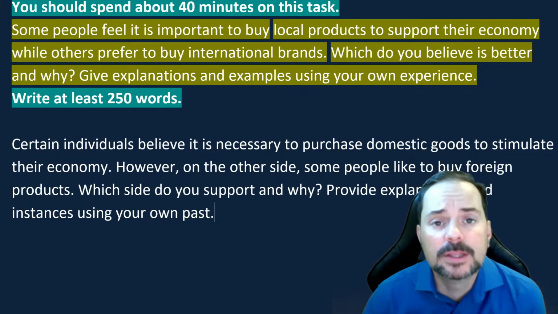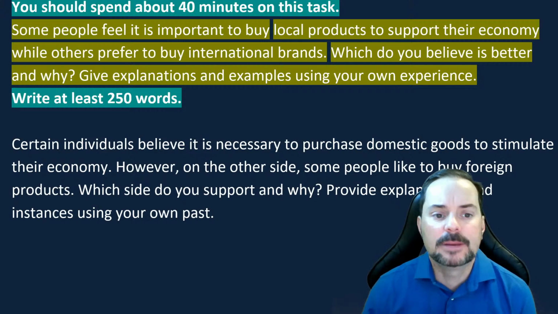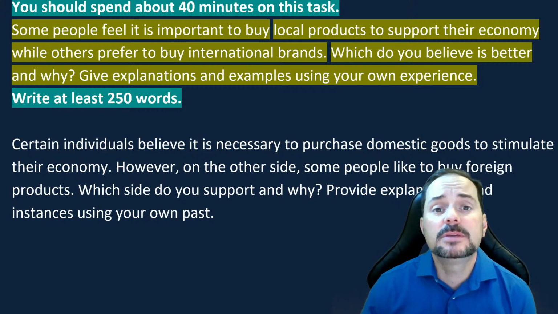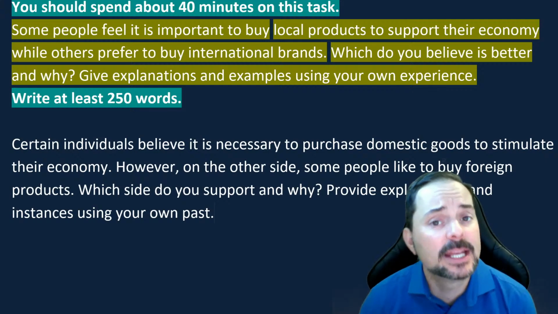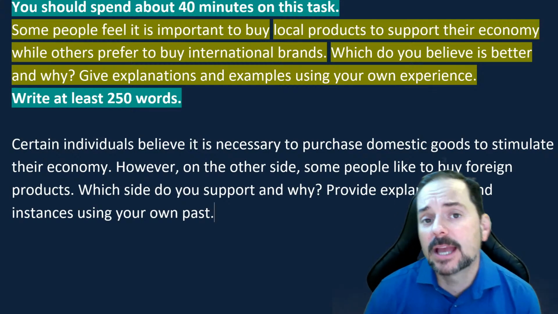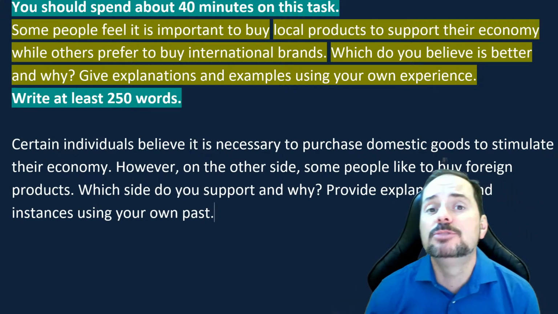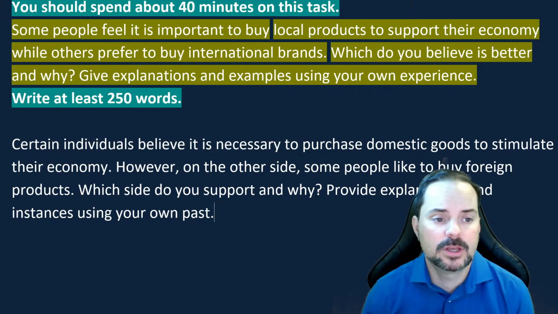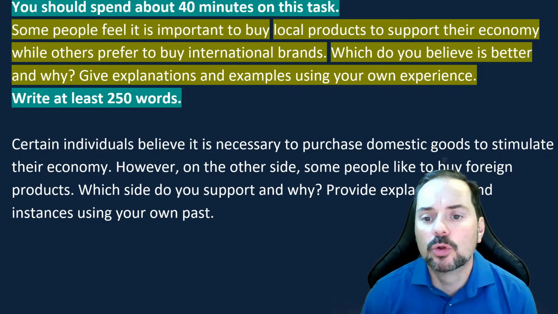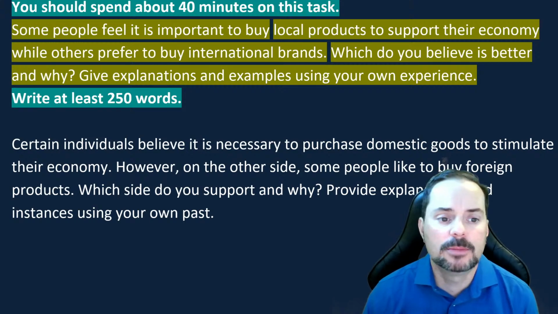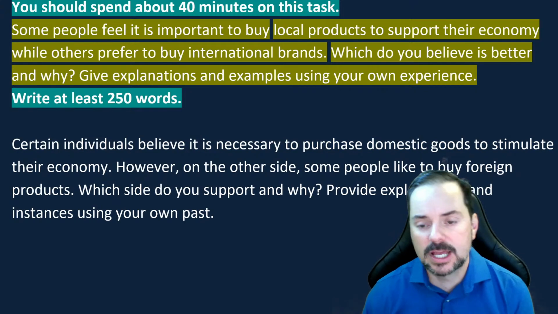Here's mine. Let me read the original and then let me read my paraphrase. Now, this gives me absolute certainty on what I'm writing. I'm not adding any new information. I'm not taking out any important information. I'm just paraphrasing, okay? So some people feel it is important to buy local products to support their economy, while others prefer to buy international brands.